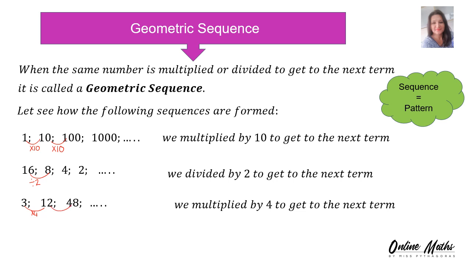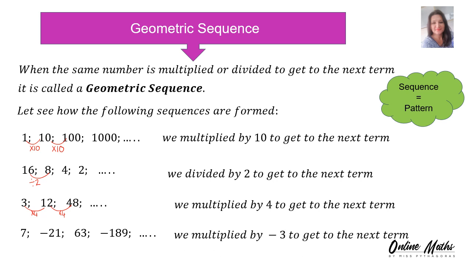From 12 to 48, multiply by 4. And when I give you 7, negative 21, 63, negative 189, we multiplied by negative 3 to get to the next term. So from 7 to minus 21, we multiplied by negative 3.